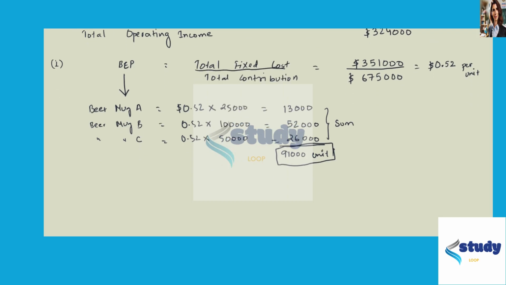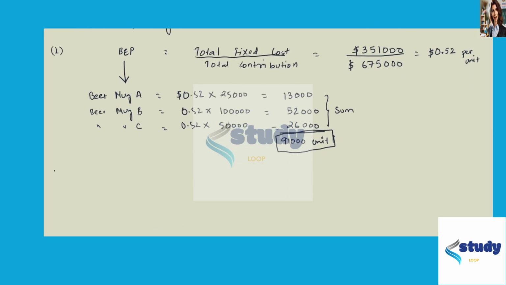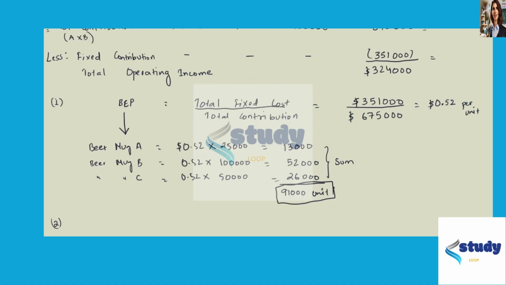Now for the second part, they are asking if the sales mix is maintained, that is the units that we are still selling, 25,000 of A, B and C as given, then what will be our operating income. Now we have already calculated this.